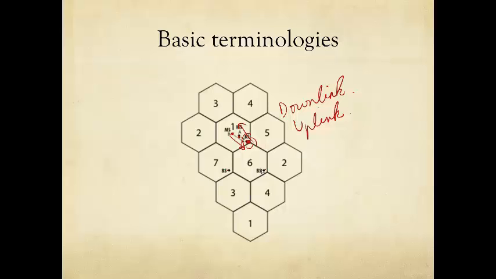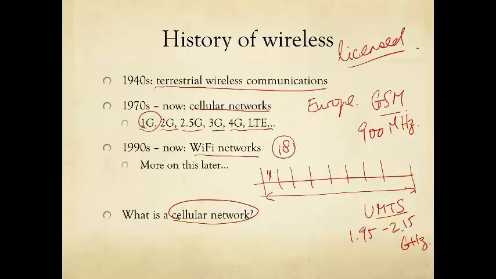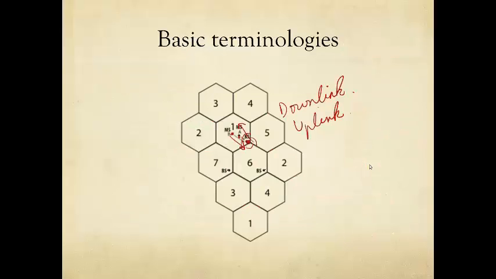Let's say one big chunk of this overall frequency band is labeled 1, another labeled 2, 3, 4, 5, and so on. If I use the frequency band labeled 1 at this physical location, signals would attenuate over distance.